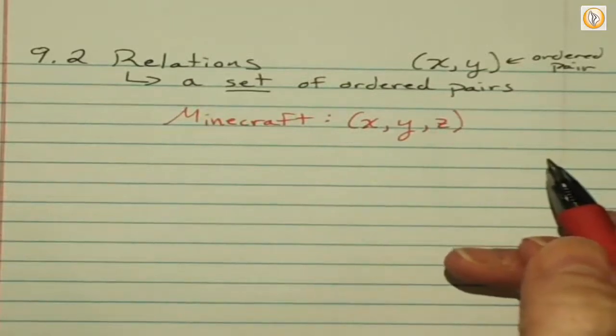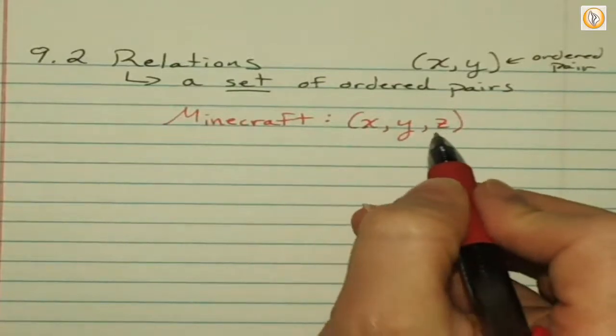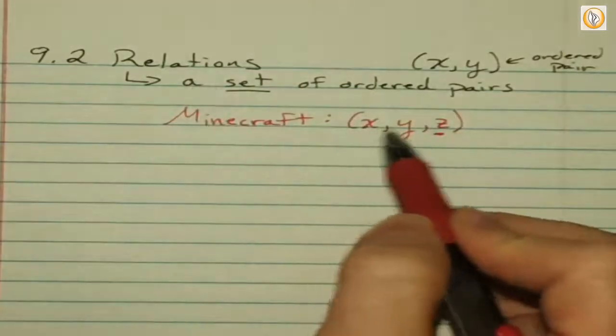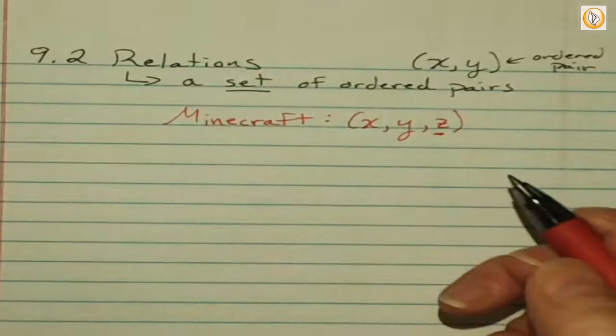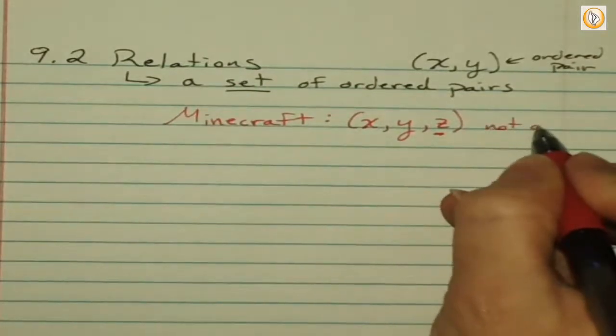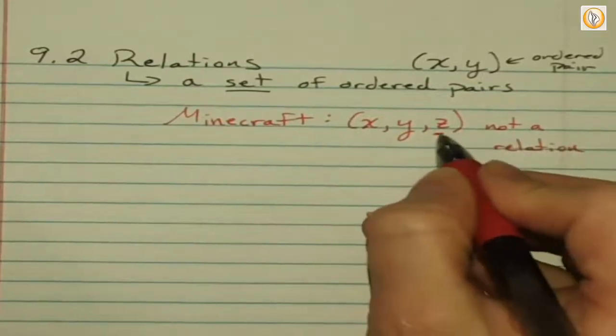No. Why? Because of Z. Because there's three. Because of this right here, it is not considered an ordered pair. So then, would this in Minecraft be a relation? No. Not a relation, because it has that Z.